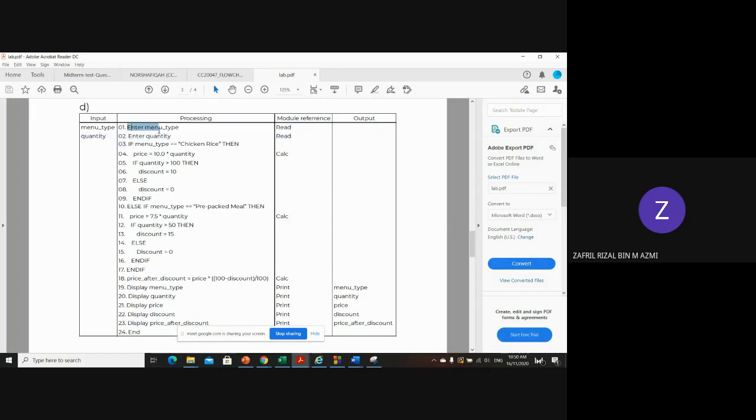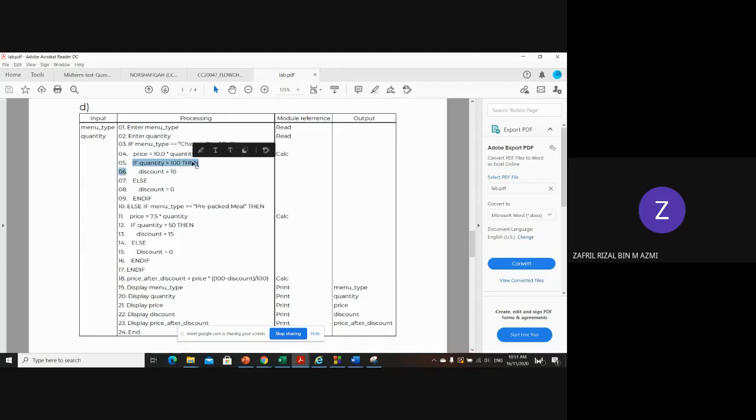So this is enter menu type, and then enter quantity. This is the first if. If this is true, then price equal to 10 ringgit, without discount. For the discount, your friend did it like this, which is also correct.